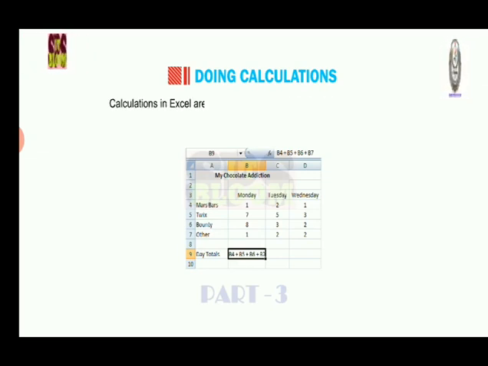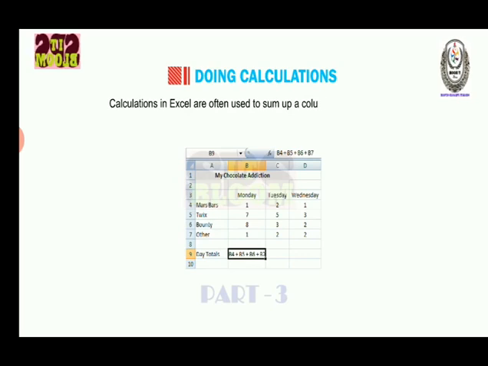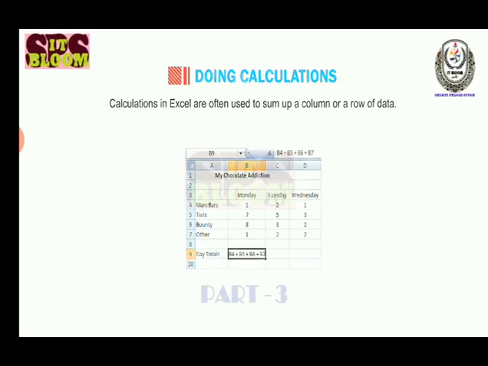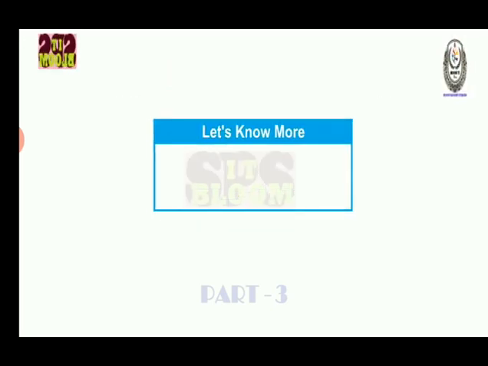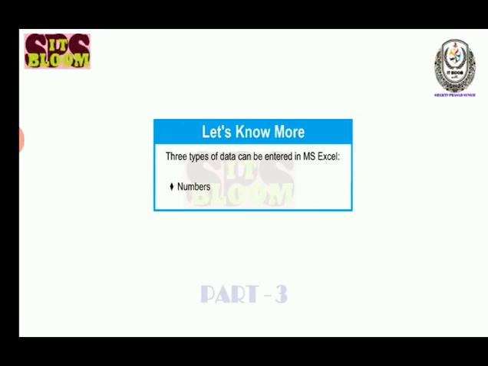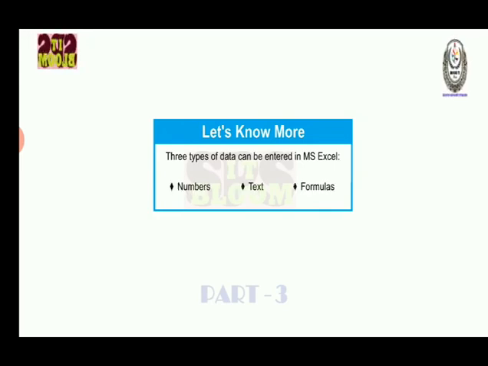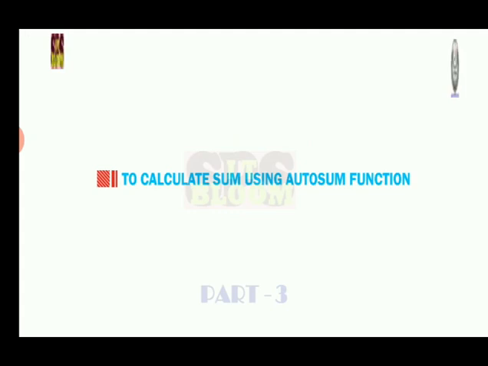Calculations in Excel are often used to sum up a column or a row of data. Students, having discussed formulas, we can now say that 3 types of data can be entered in MS Excel: numbers, text, formulas.